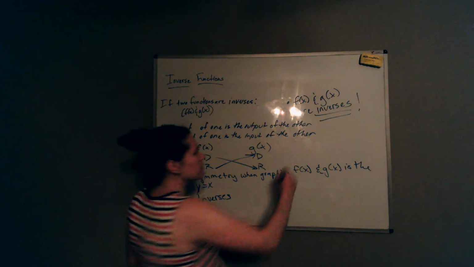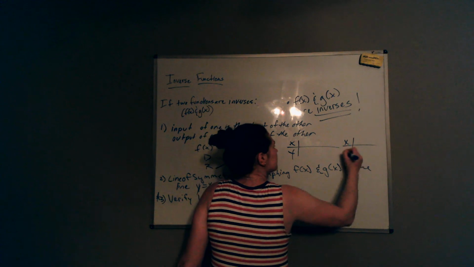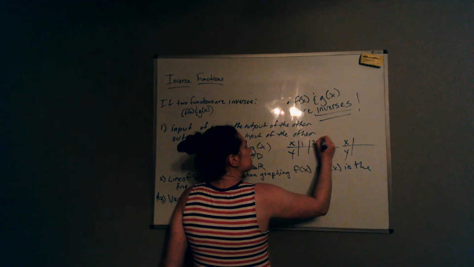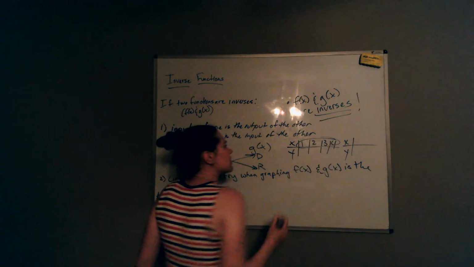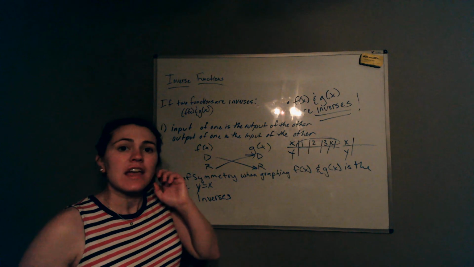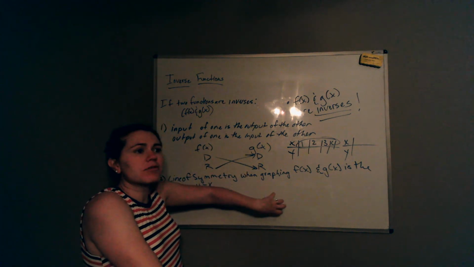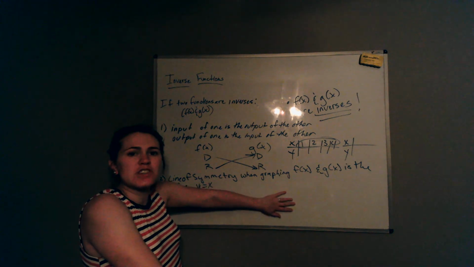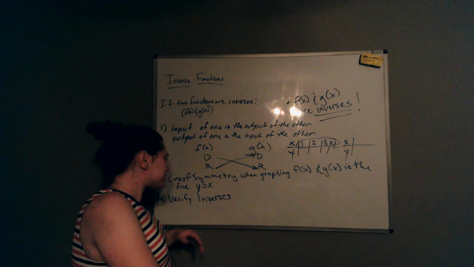Because you can't just prove from a table of values that you are inverses, because a table of values does not have an infinite set of the ordered points that make up the function. If two functions are inverses, every single input and output have to be swapped, okay? Not just four of them.